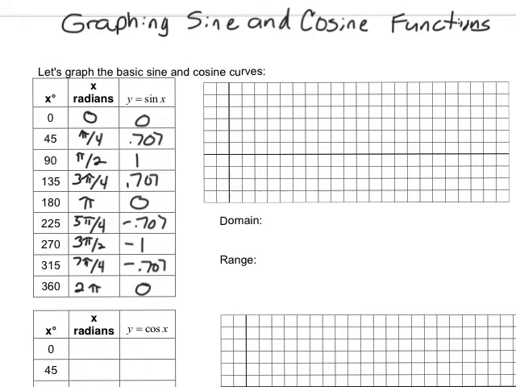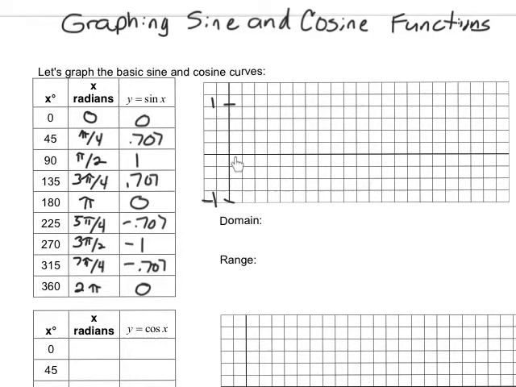So I'm going to scale my graph just so it's a little bit bigger, and I'm going to put positive 1 here and negative 1 there, because I know it doesn't get any larger or smaller than those values. Now my x-axis, I'm going to mark off in pi over 4. So every 2 units is going to be pi over 4.